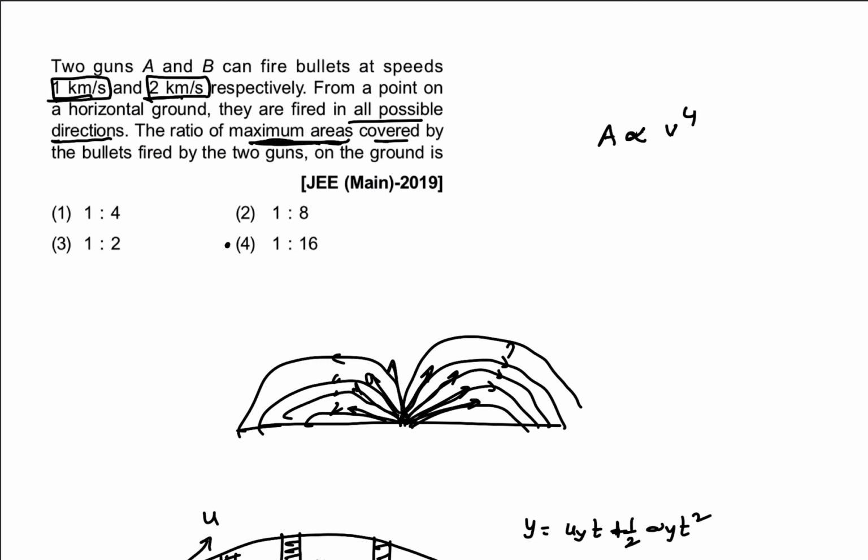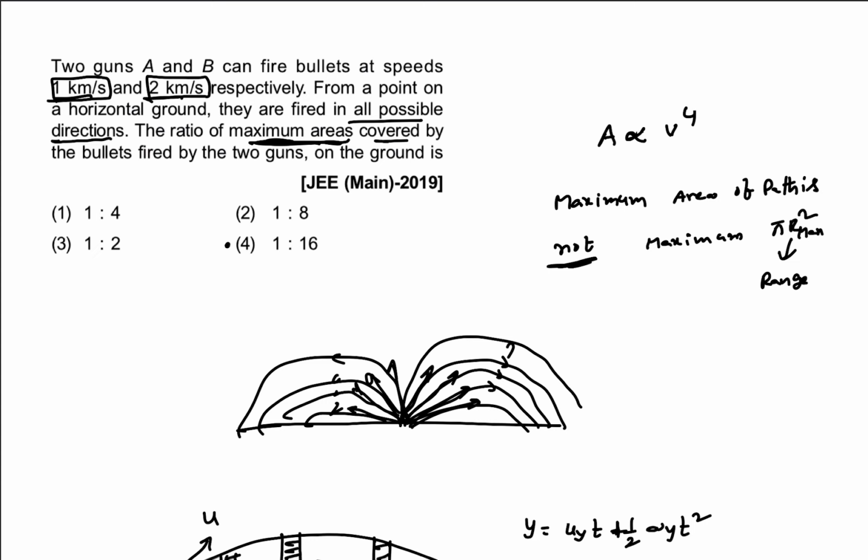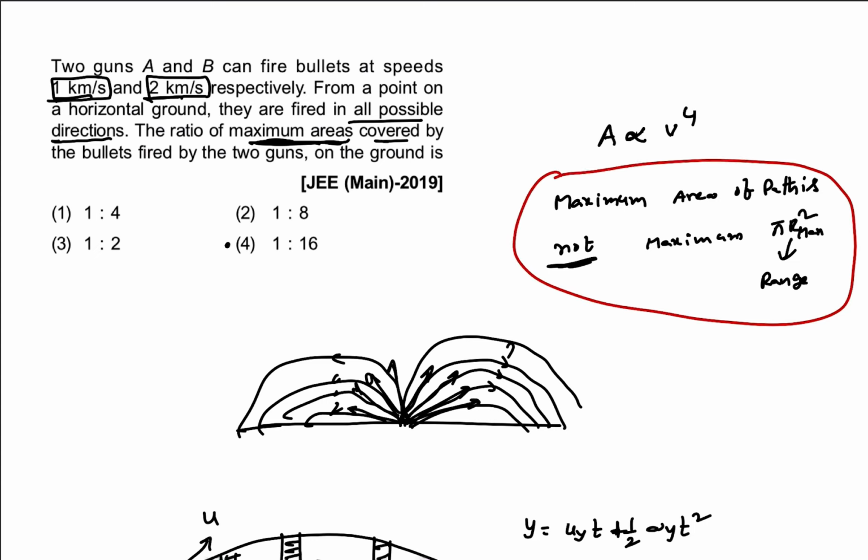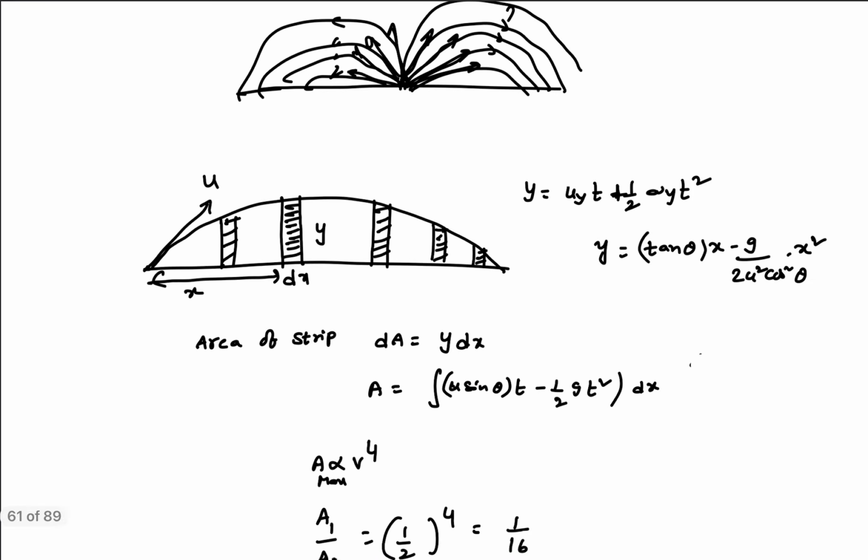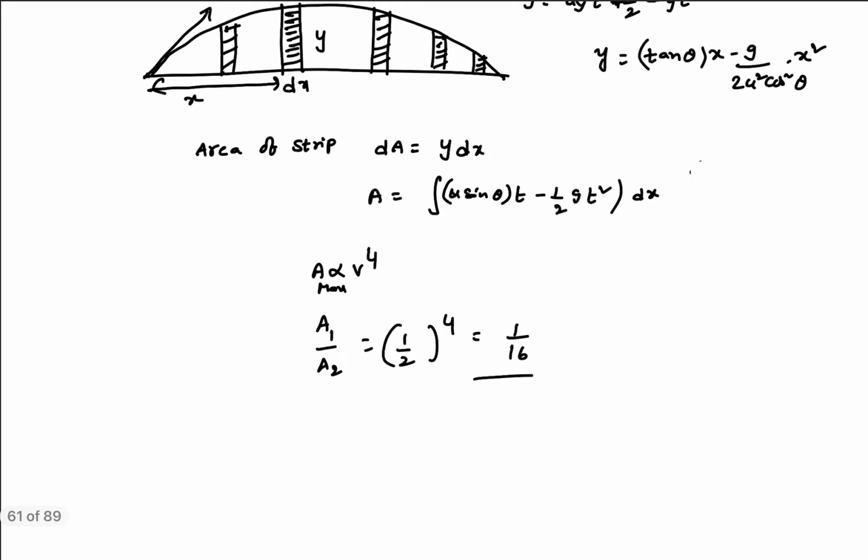Here we have to catch a point: the maximum area of a path is not pi r maximum square, where r is the range. It is not range. Kindly keep this in mind. You have to follow this manner and calculate the area.